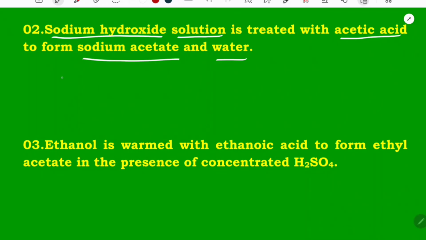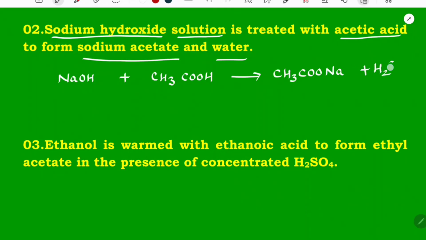Sodium hydroxide, NaOH, treated with acetic acid, CH3COOH. It forms sodium acetate, CH3COONa, and H2O, water.